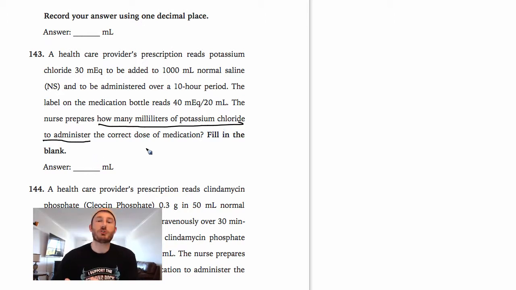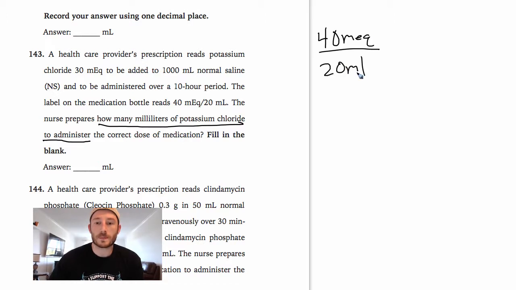So I'll show you two ways to do this. The first way is the intuitive way, or just think about it. You've got 40 MEqs and 20 mLs. When you look at that, you should notice that the MEqs is twice the amount of mLs, right? It's a 2-to-1 ratio.